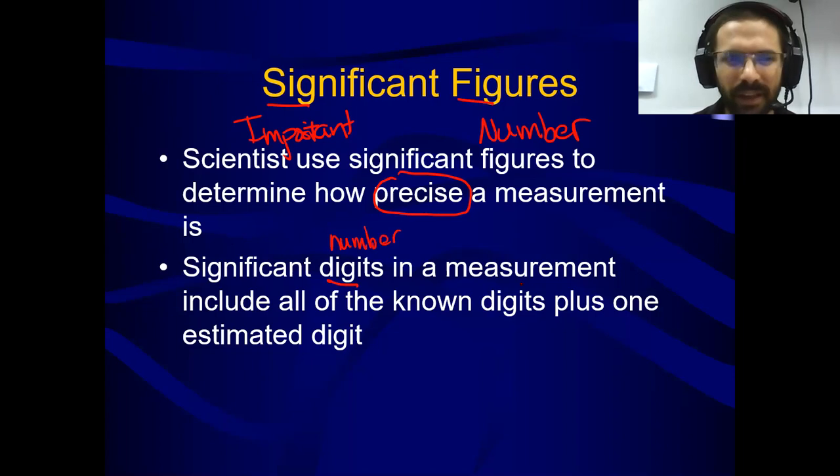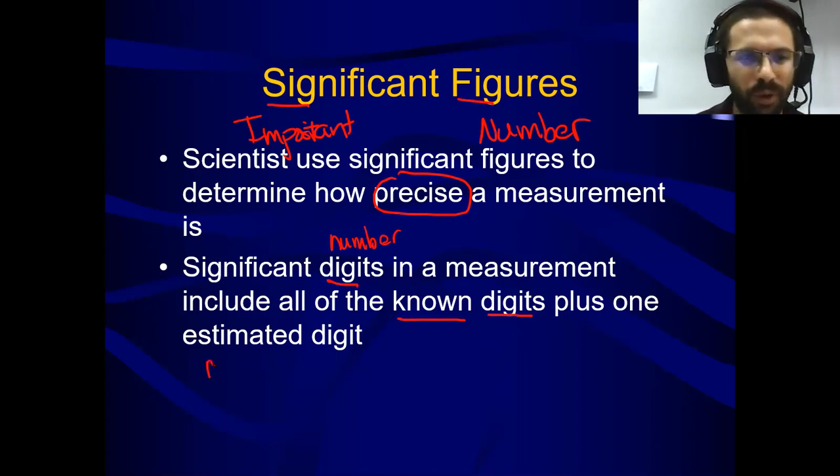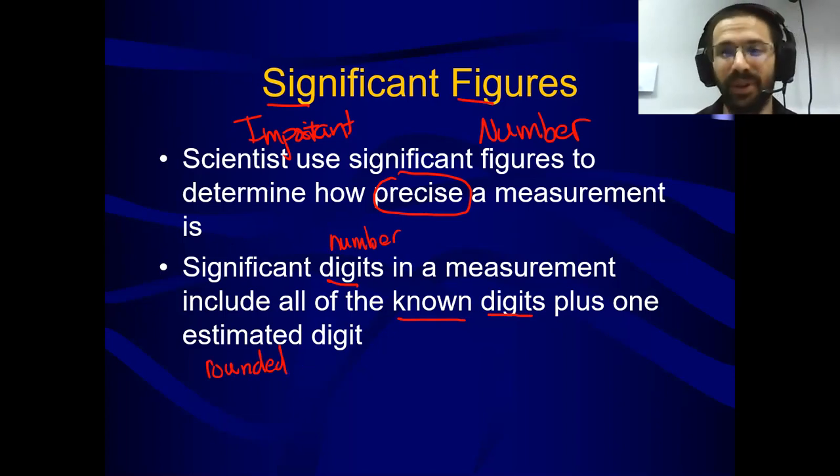A measurement includes all of the known digits, plus one estimated digit, or you have probably studied this, called rounding. So we're going to round the last digit. All the digits we know for sure, the significant ones, plus one that is rounded.